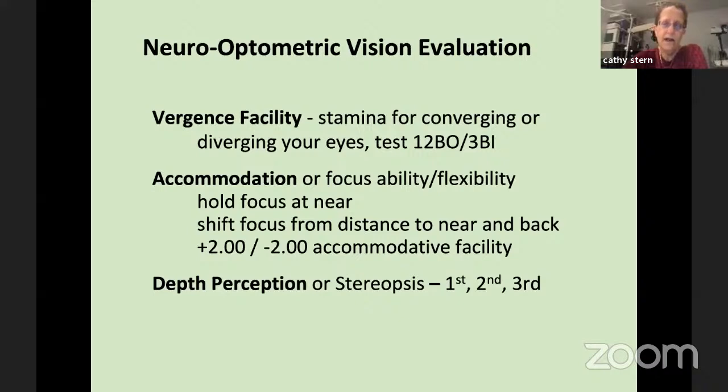And so even if that's not something we have a particular measure for, we should be aware that just because someone does well on a stereo test doesn't mean they don't have difficulty in real space when they are moving, when things are moving, or when all of it is happening very quickly.